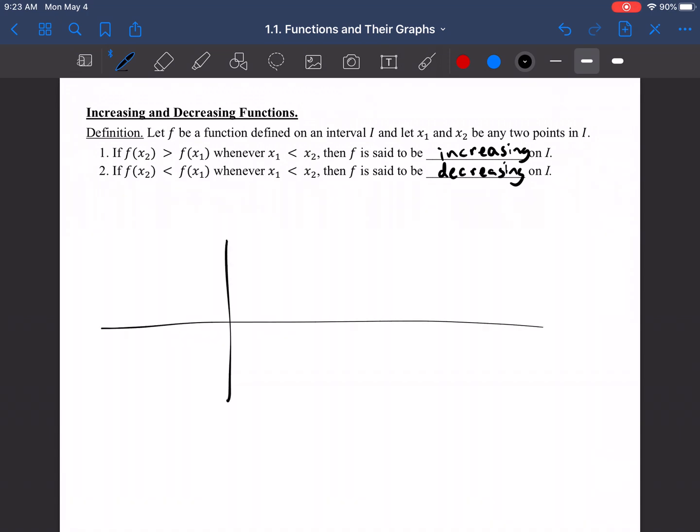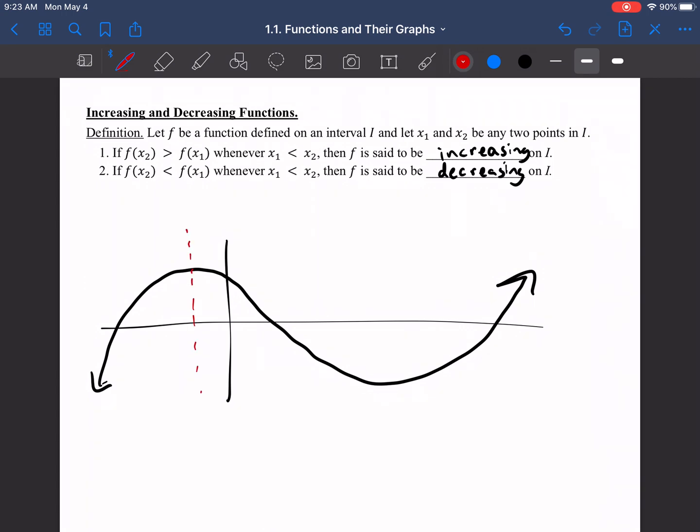So if we look at, say, a function like this that maybe looks something like that, we could actually break this into intervals of where it is increasing and decreasing. So I'm going to pick these peak points just like this.